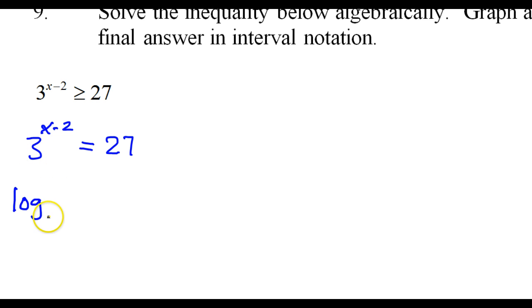So the base is 3, so this will become log base 3. Now, the rest of this is going to change sides of the equation. So the x minus 2 and the 27 are going to wind up on opposite sides from where they are now. So the 27 will come over here, and the x minus 2 is going to come over here.